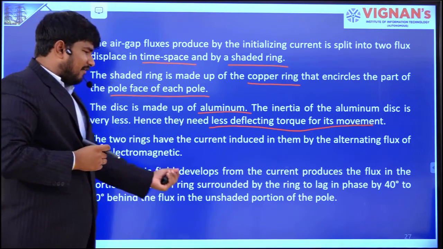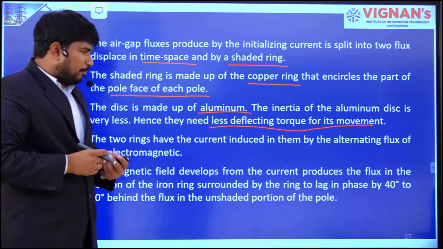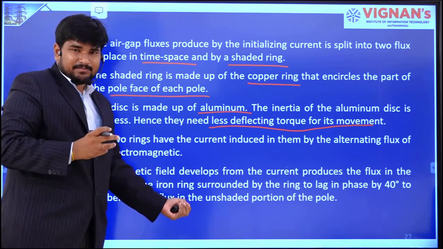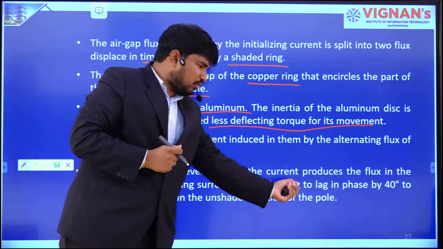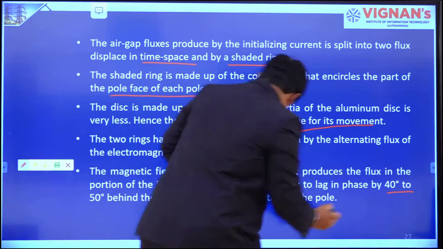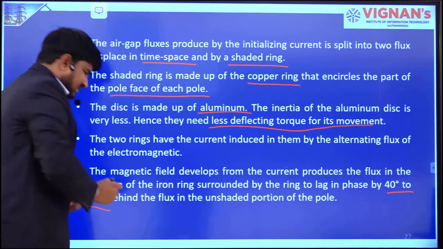the magnetic field developed from the current produces flux in the portion of the iron ring and surrounds the ring, causing it to lag in phase by 40 to 50 degrees.